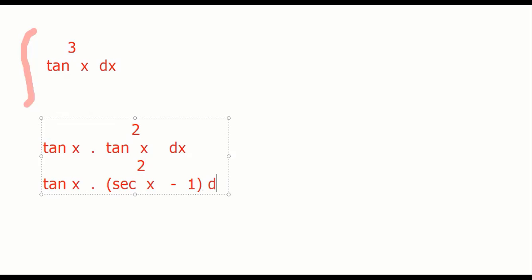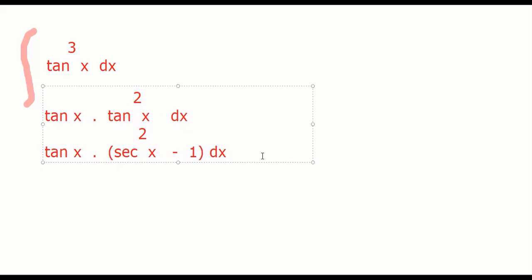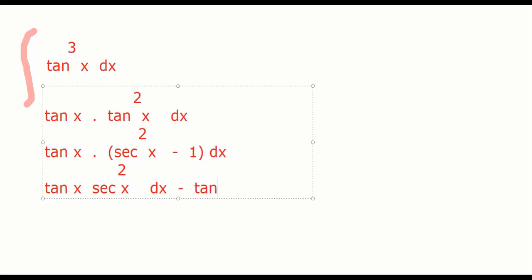Agree everybody? Let's see whether it becomes easy or not now. So this is what my question becomes now. Let's multiply. So it is tan x into secant square x dx minus tan x dx.